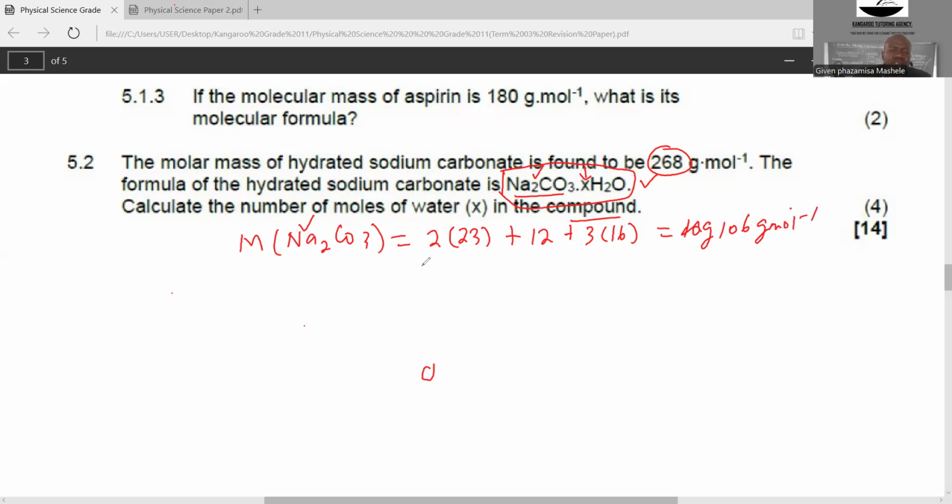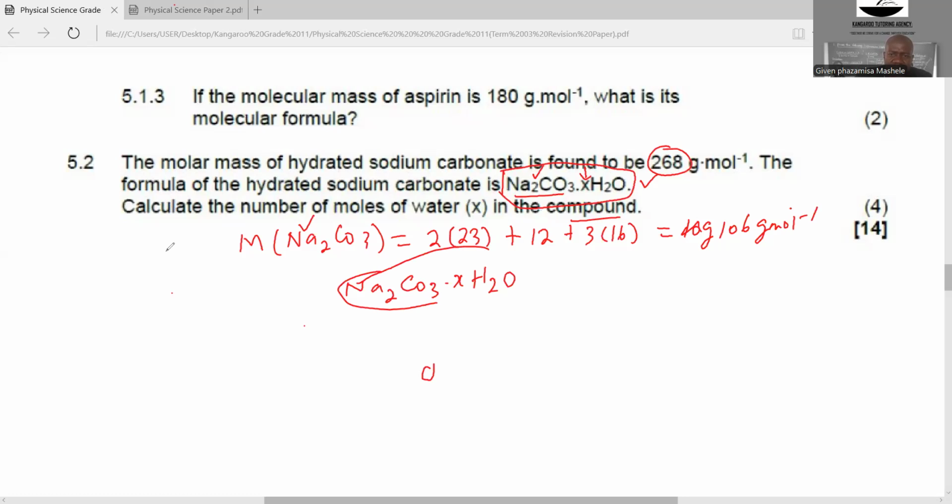So what does this mean? The hydrated sodium carbonate has a molar mass of 268, and we know the molar mass of sodium carbonate is 106. It means we can work out the molar mass of the water, X moles of water.